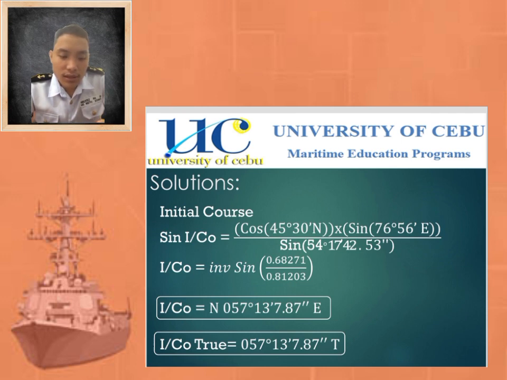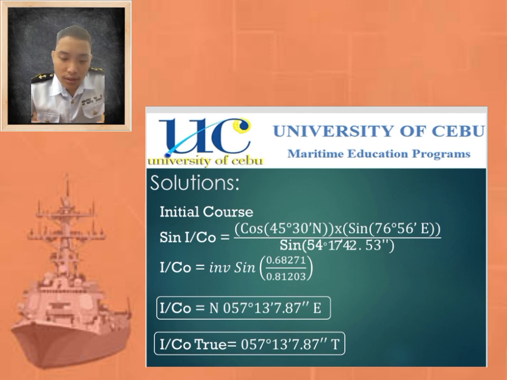Since there is a sin on the left side, the initial course will remain on the left side. So initial course equals inverse sin of 0.68271 divided by 0.81203.